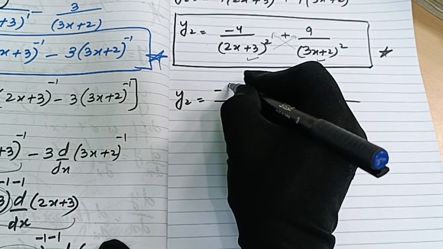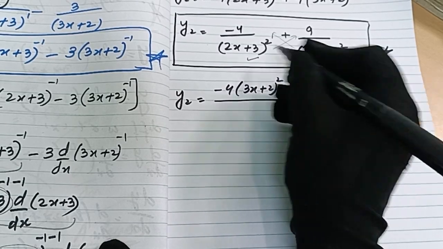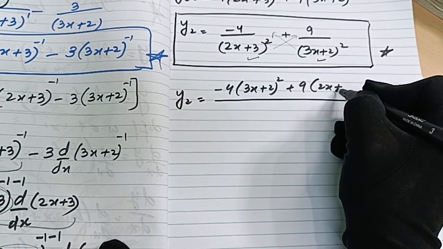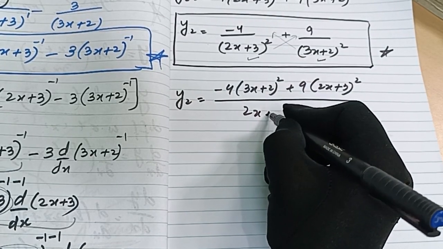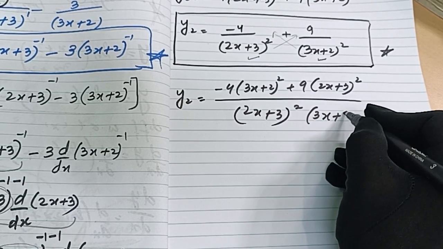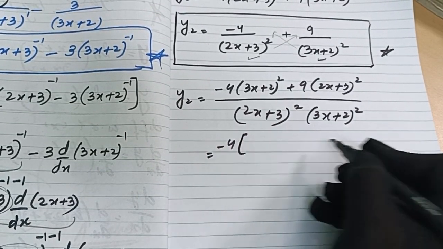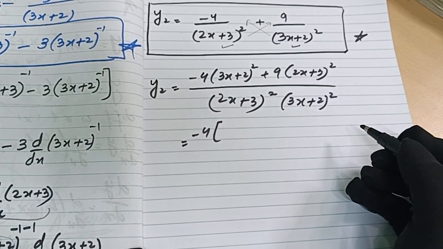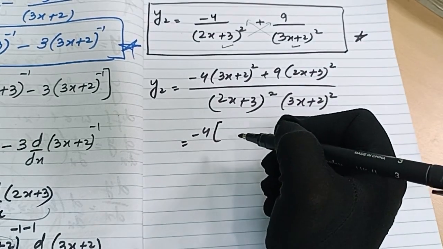When this is multiplied: minus 4 times (3x + 2) squared plus 9 times (2x + 3) squared. And downside, the product of both, because they are totally uncommon factors: (2x + 3) squared times (3x + 2) squared. If you solve minus 4 first, it will just increase your algebraic simplification.